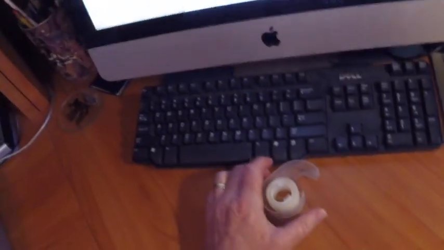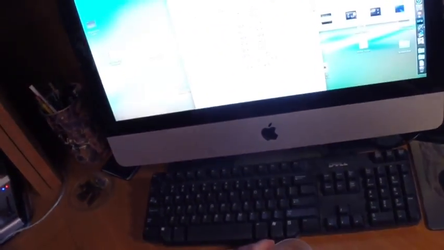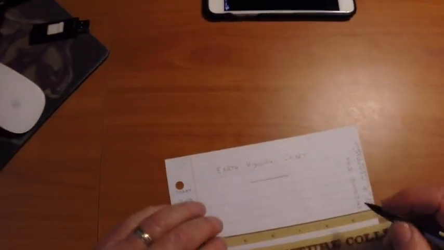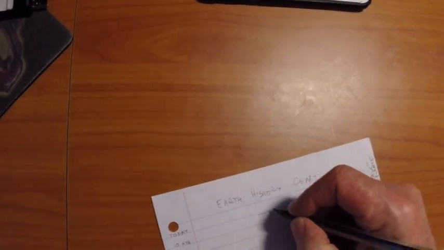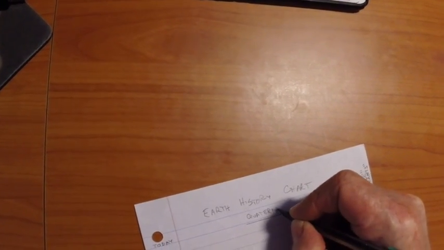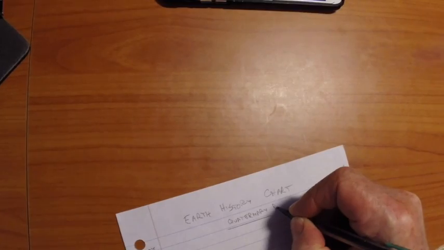My next line is at... Okay, that's all I need for now. Above this line, we call it the quaternary. That means the fourth period.